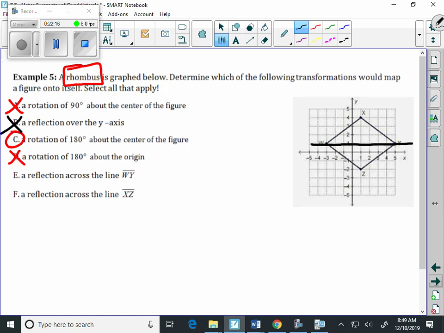If we fold this graph in half, will the top part of the rhombus land on the bottom part of the rhombus? Yes. If we go across the line XZ, if we take the right side of the rhombus and fold it across the line XZ, will it land on the left side of the rhombus? Yes. So C, E, and F.